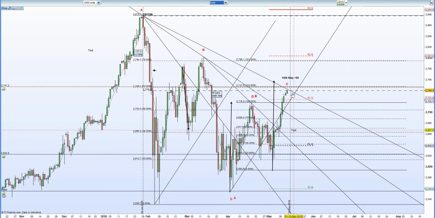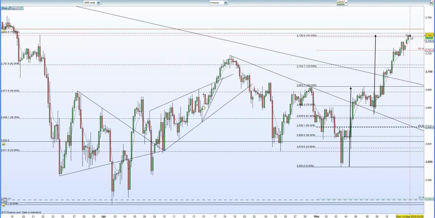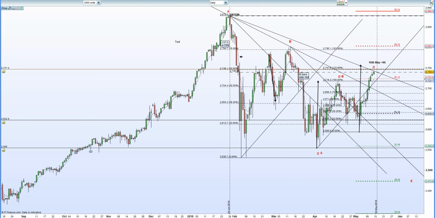So obviously we get a different price action, and currently we can see if we move to a 4-hour, we're getting the futures, which is currently at 27.43. So if I just switch back to the daily here for a second.